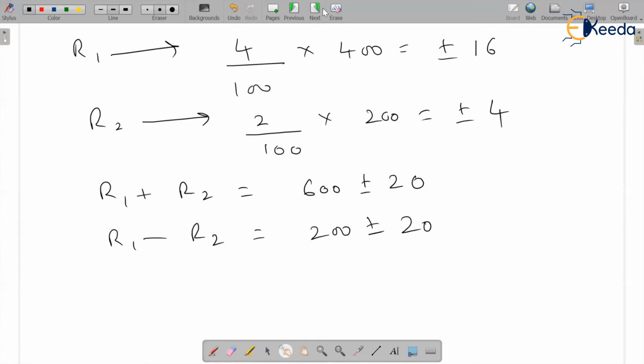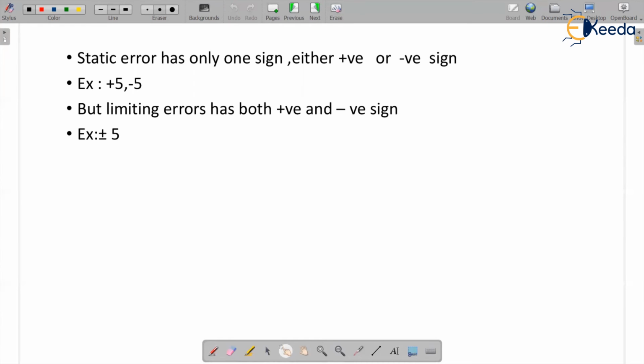Then let's go for what are the conditions. See, try to understand here. Static error has only one sign. Initially I said static error, relative static error and all that. Static error has only one sign, either positive or negative, plus or minus.